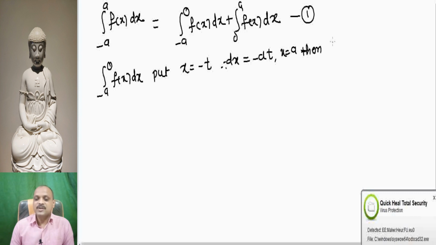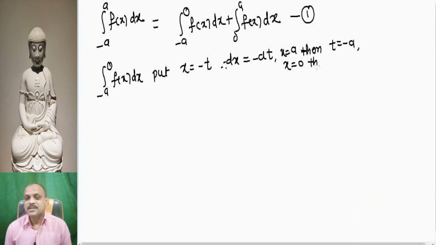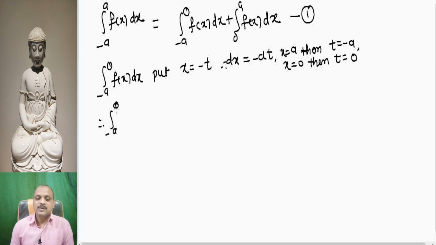When x equal to 0, then what will be t? t will be 0. Zero does not have any sign.